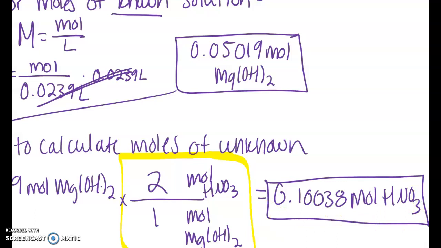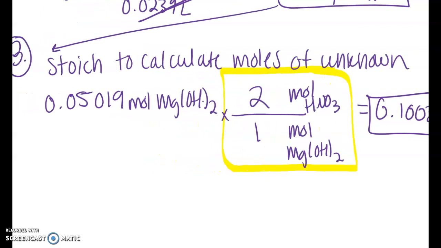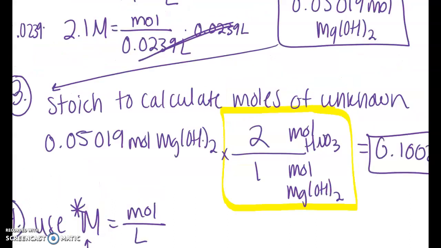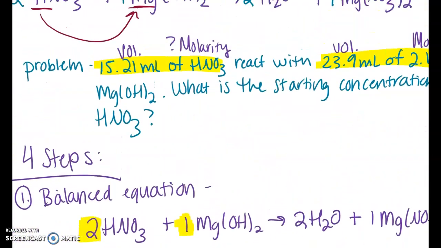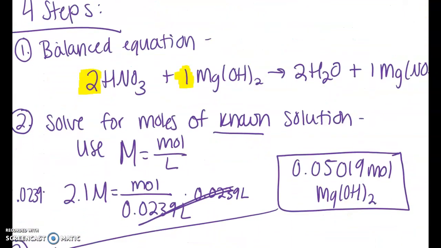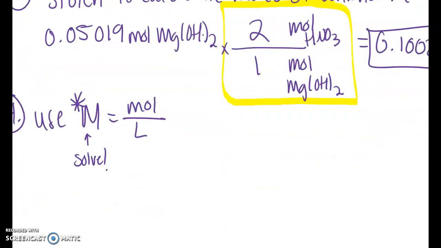Okay, great. So we're getting closer to our final answer. I don't want moles. I want to know what is the molarity. So the fourth step, you're going to use your molarity equation again, moles over liters, but this time we're going to solve for molarity. So the piece of information that we're given from earlier in this problem is that 15.21 milliliters of nitric acid reacted here. So now I got my volume, and I just solved for moles, so now I can use my molarity equation.